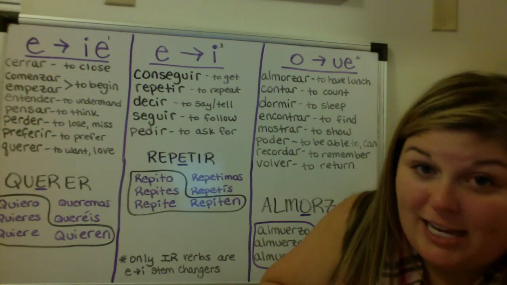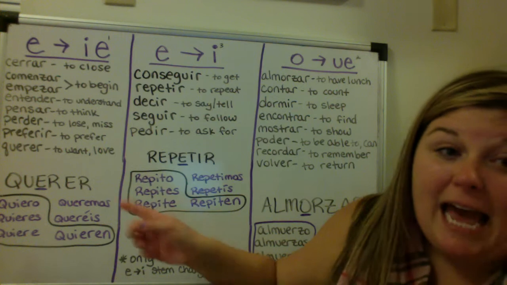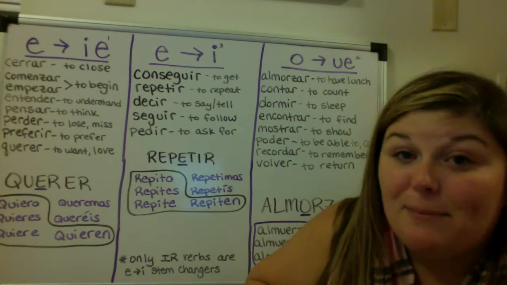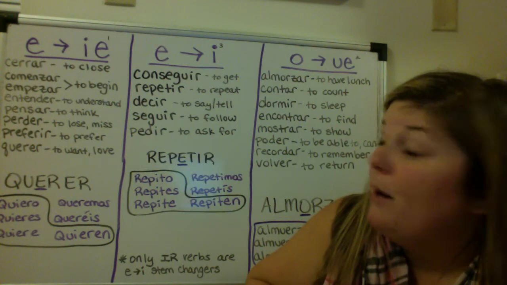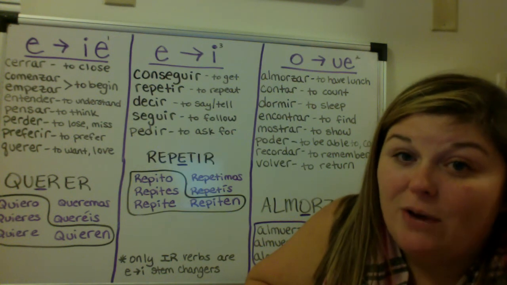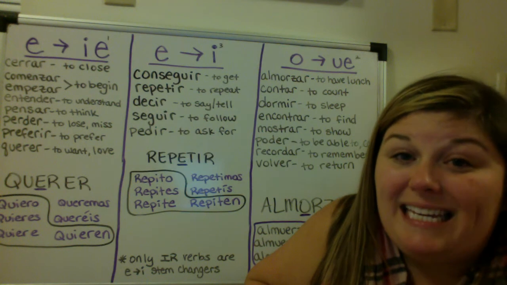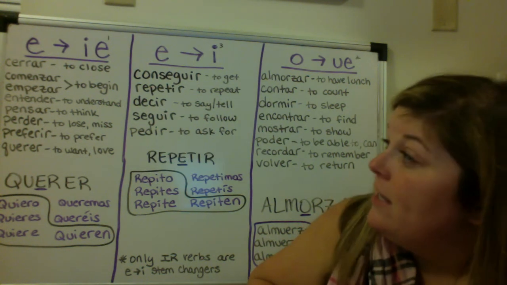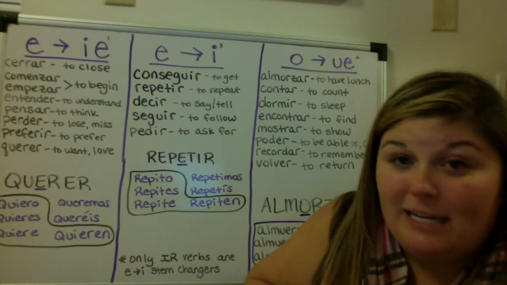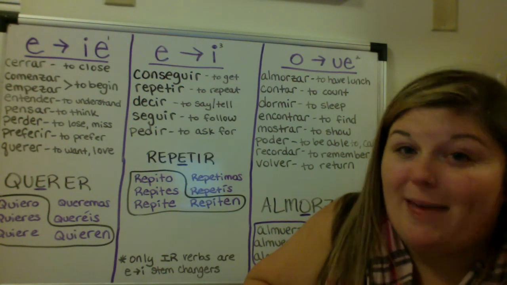So the first category of stem-changing verbs and the most common type of stem-changing verb are verbs that their stem vowel, the last vowel in the stem, changes from E to IE. So let's repeat some of these verbs so we can understand the pronunciation, and then we'll talk about how to work with them.